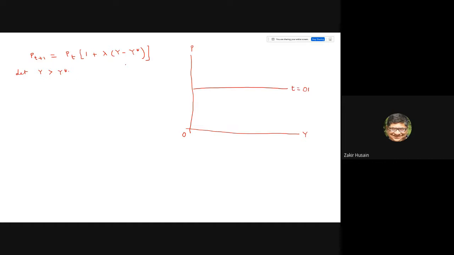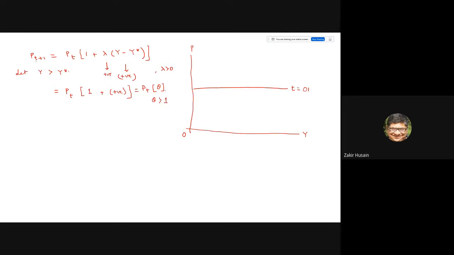So that means this will be positive, right? And remember that lambda also is positive. So P(t+1) equals P(t) times 1 plus something, so theta is greater than 1.